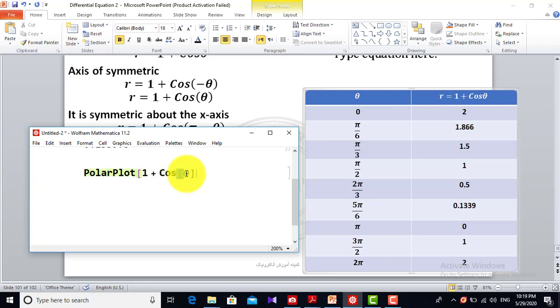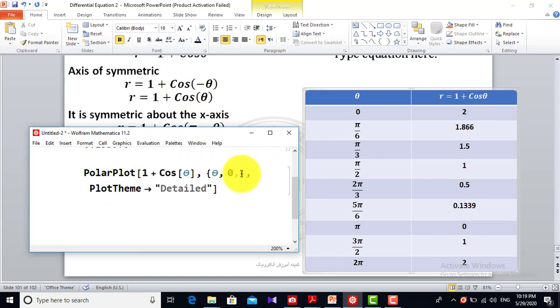So cos theta, and the value of theta is theta, comma 0, comma 0. Here I will leave it blank, and I will choose a name also for this one, like detail.